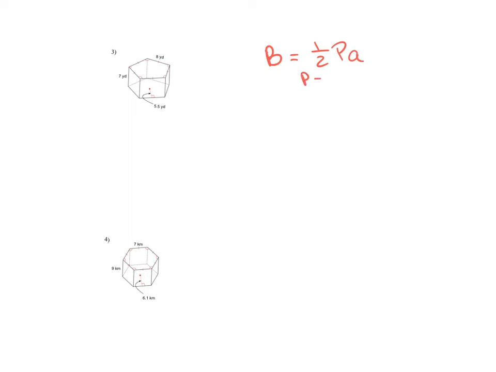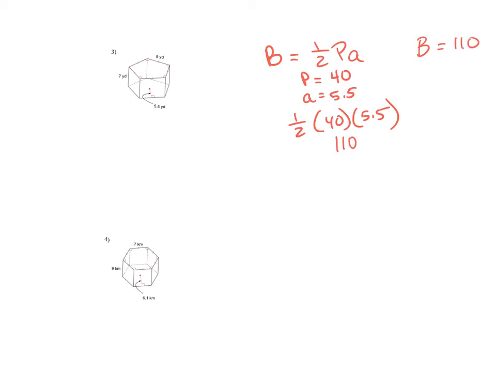Your perimeter, if every side is 8, is 40. And the apothem is 5.5. So we put that in the formula, 1/2 times 40 times 5.5. And we get 110. So there's your big B, 110, which was pretty easy.